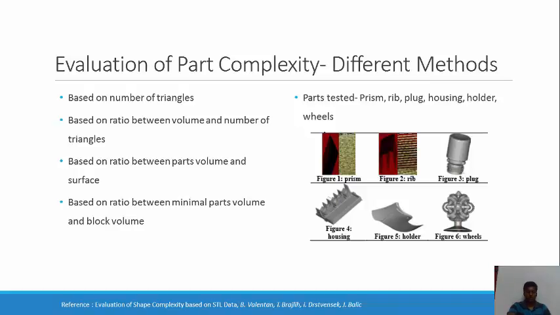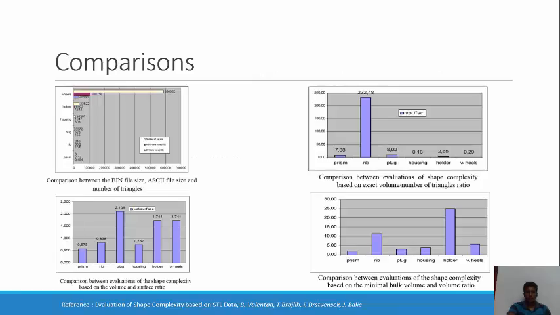Also, the ratio can be determined with a rough estimate for the volume based on the minimal block volume that can accommodate the part. When the part is optimally oriented, the minimal block volume can be determined by searching for maximum and minimal values of the triangle coordinates in each of the axes. So this shows it. As you can see, for the rib, the volume to parts ratio is very high.